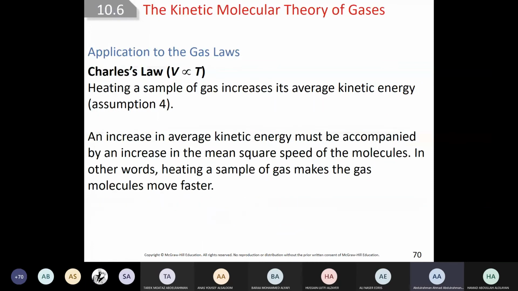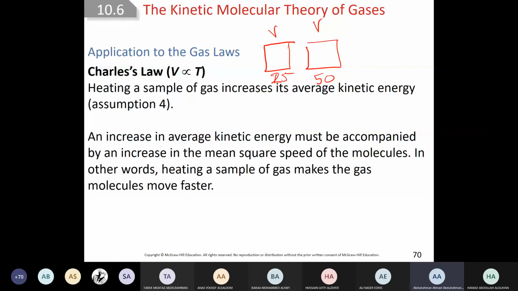Good. How about temperature? Charles' law. If you have the same container, with T1 at 25 and T2 at 50, which one will have more pressure? It's the same volume. The one at 50 degrees.